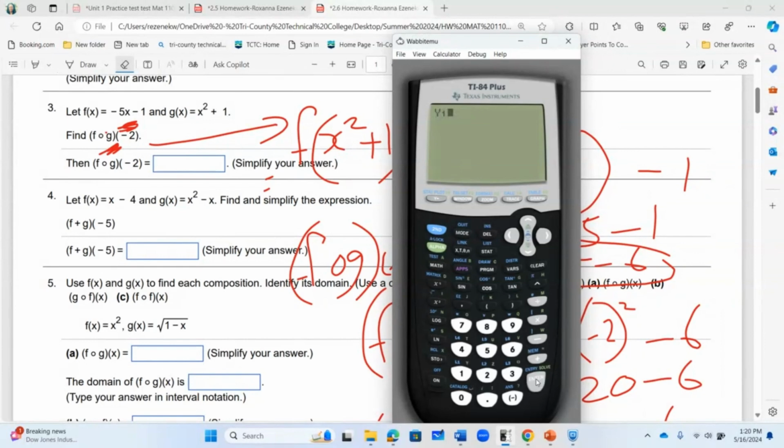You bring down y1, and then you substitute y2 there, and y2 has your g of x, inverse function y2, and I'm going to close that parenthesis, and open another parenthesis and put -2.